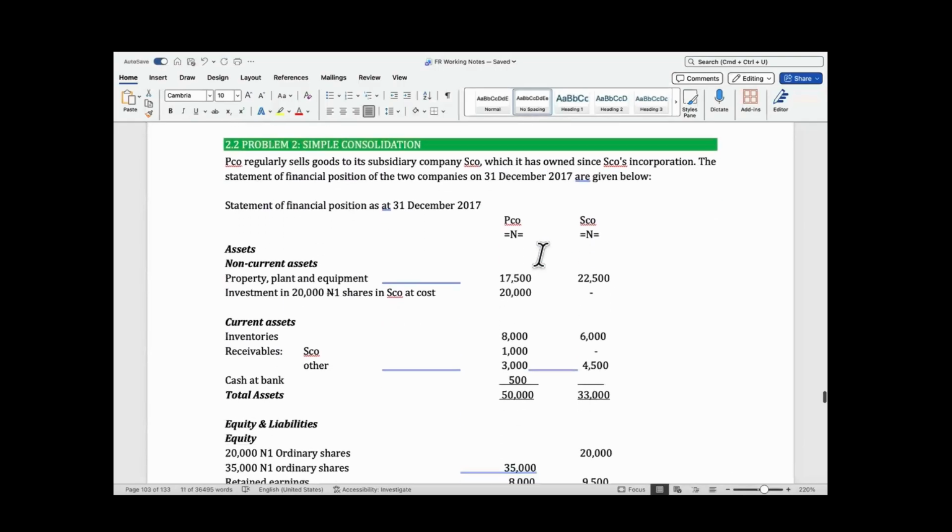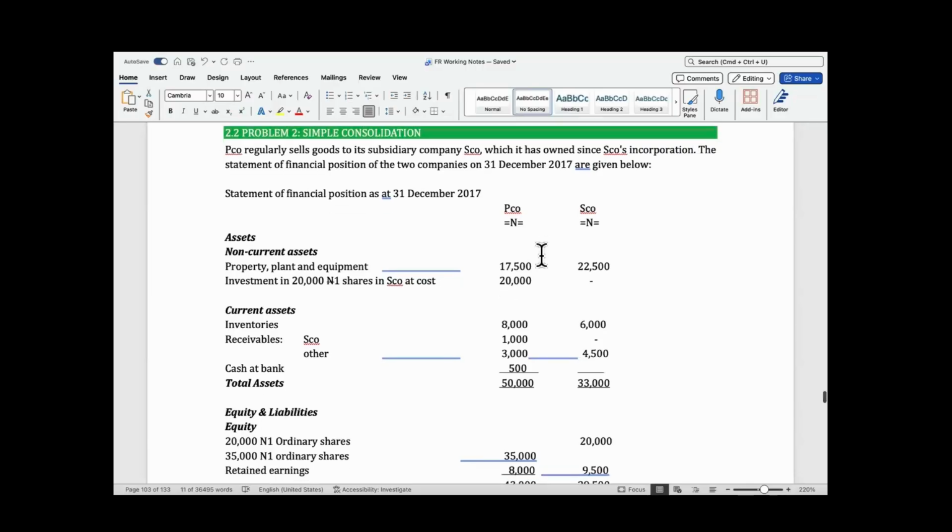Shidera, read the next one. Okay, sir. PICO regularly sells goods to its subsidiary company, ESCO, which it has owned since ESCO's incorporation.